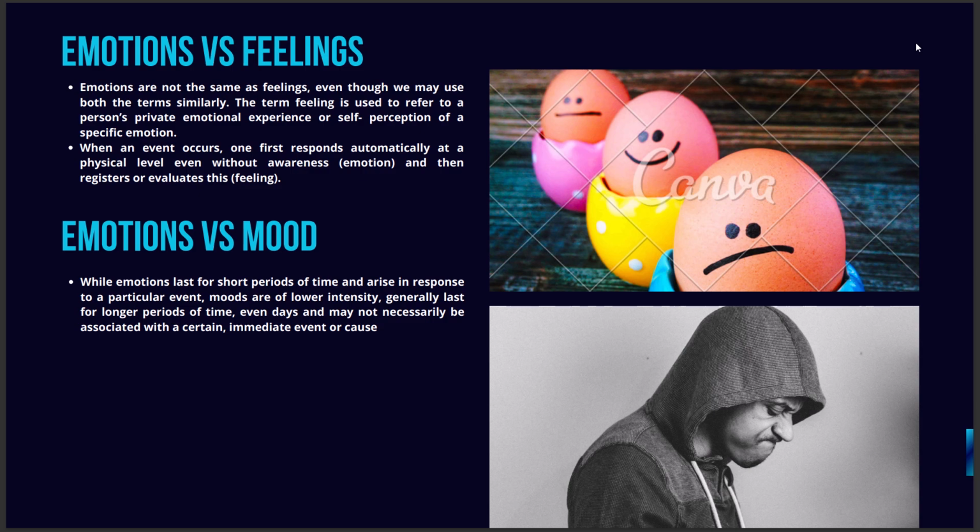So that would eventually affect your next day too. That is what mood is about. Nevertheless, moods are important because they too influence our actions, like wanting to socialize more with friends when in a good mood and avoiding social situations when feeling low. So mood plays a vital role.